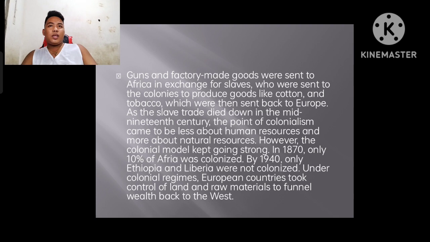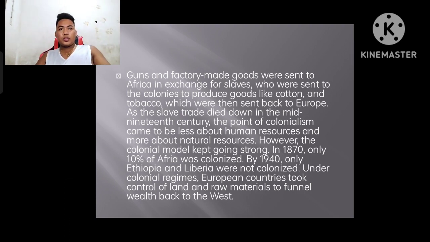In 1870, only 10% of Africa was colonized. By 1940, only Ethiopia and Liberia were not colonized. Under colonialism, European countries took control of land and raw materials to funnel wealth back to the West.